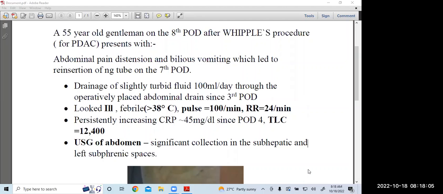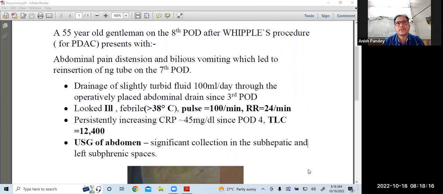And etiologically, can you classify the pancreatic fistula also? This is the broad classification, and then etiologically, how do you classify it? Etiologically, iatrogenic or non-iatrogenic, sir. Very good.